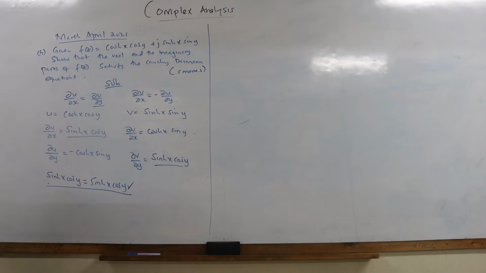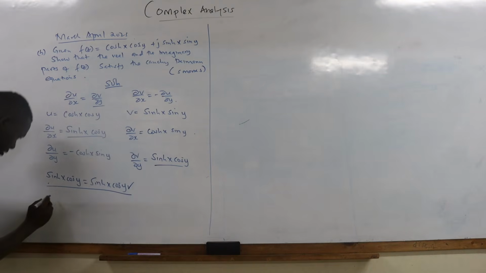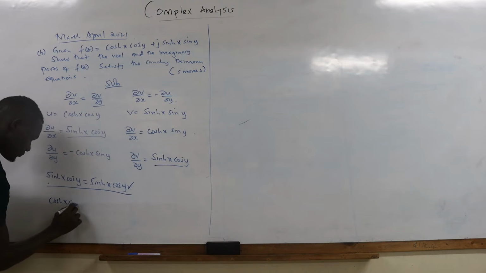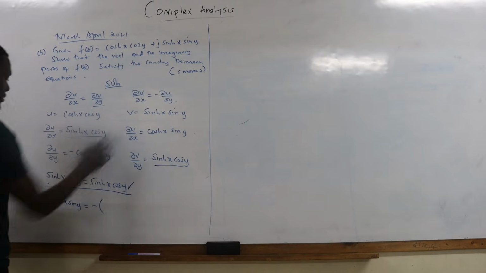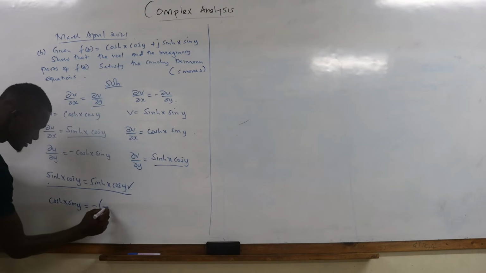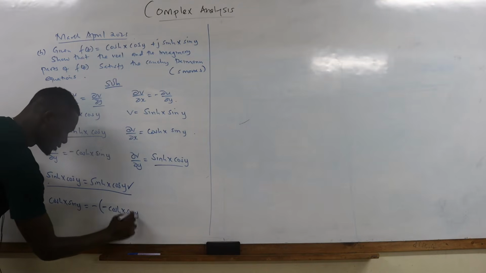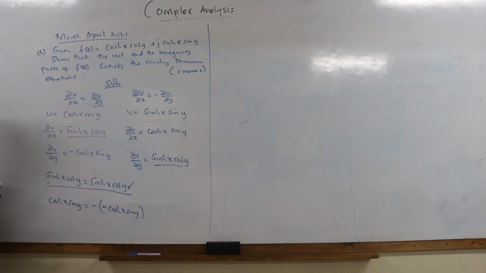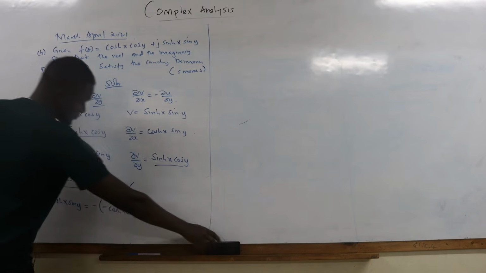Let's come to the second. What is our dv/dx? Cos x sine y should be the same as the negative of du/dy, so negative of negative cos x sine y. Now when you open the bracket, negative gives you a positive.